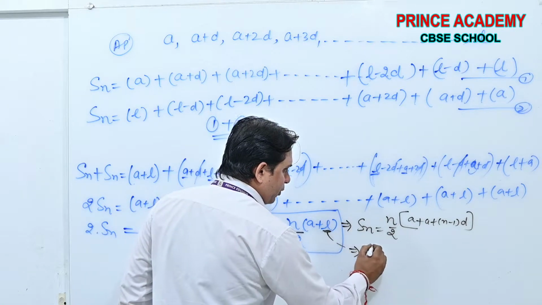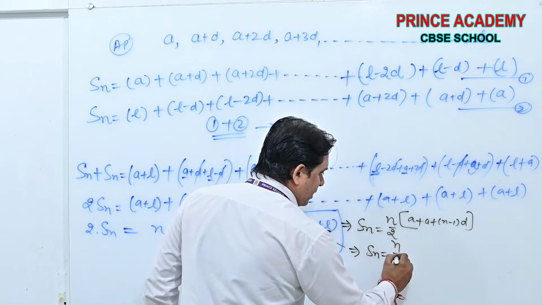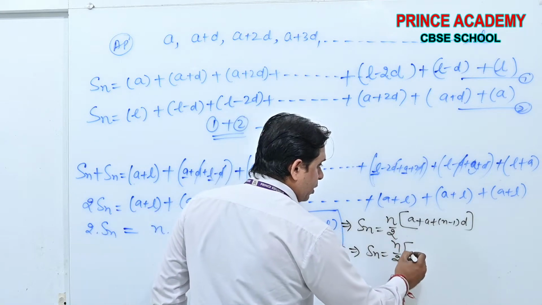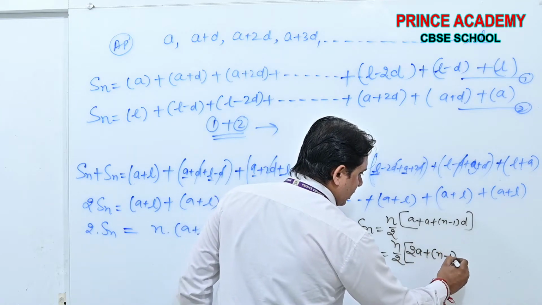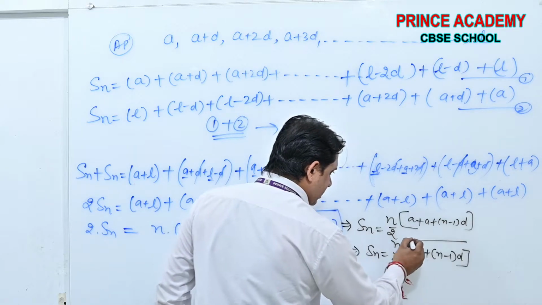From here, you will get Sn is equal to n by 2, A plus A, 2A plus n minus 1 into D. This is the answer.